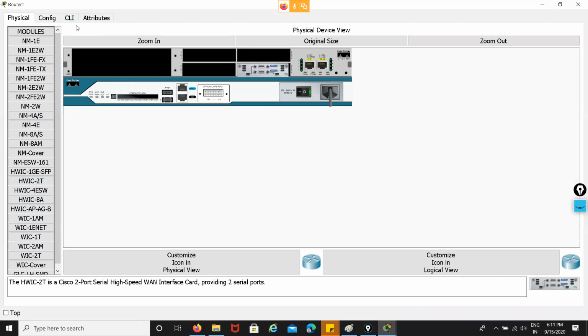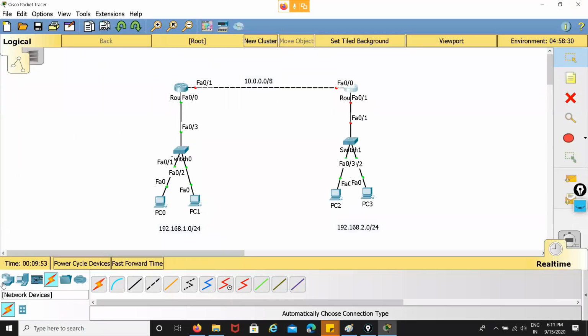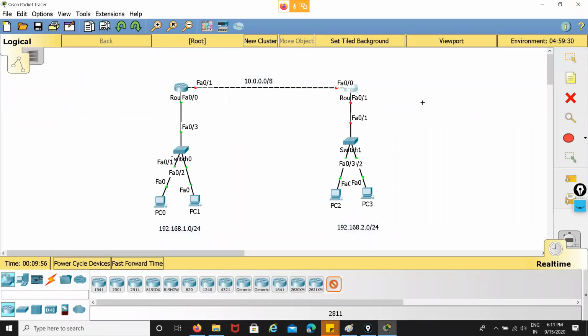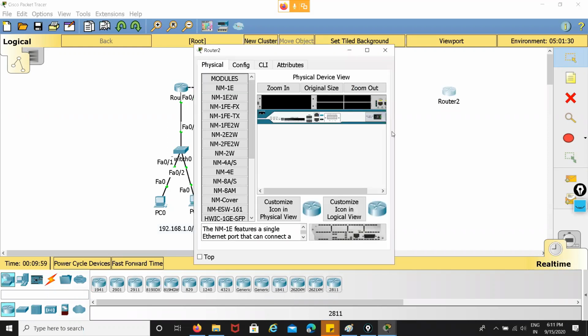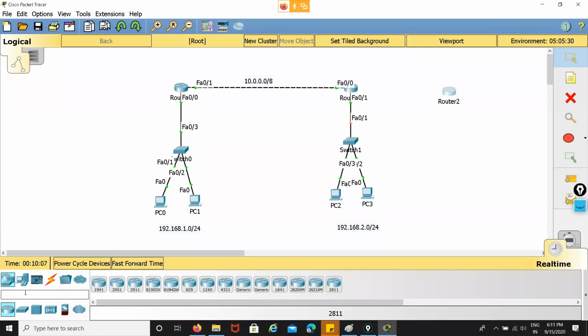So after that, you simply choose the router, also connect the serial port, and choose a system like this.